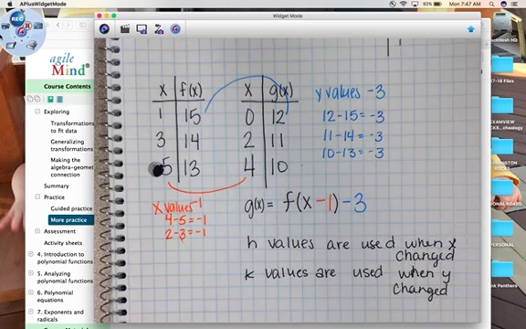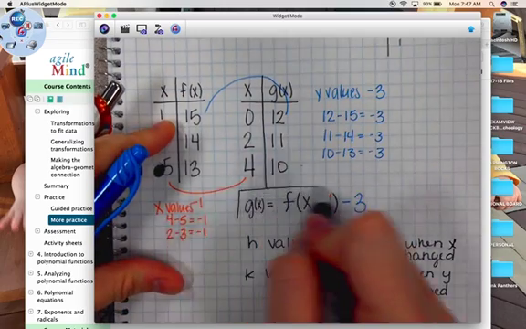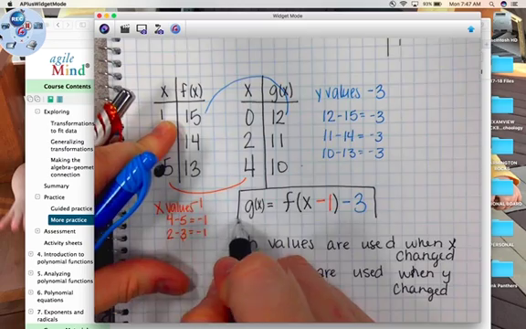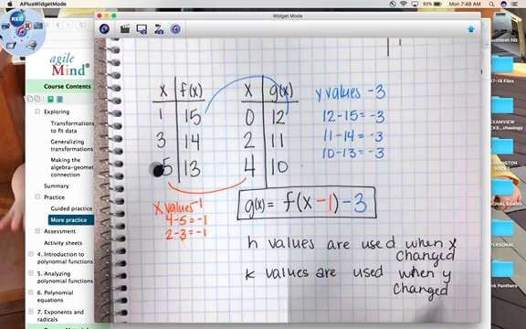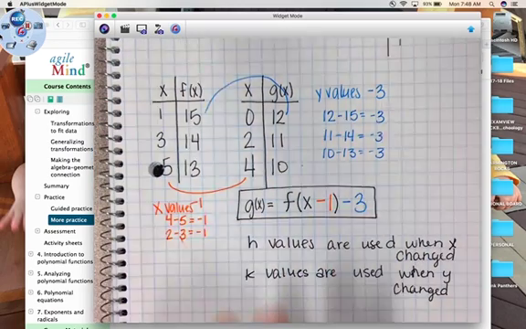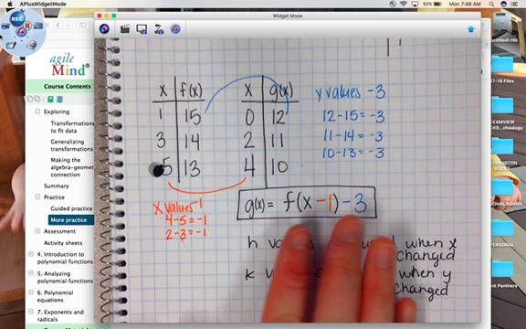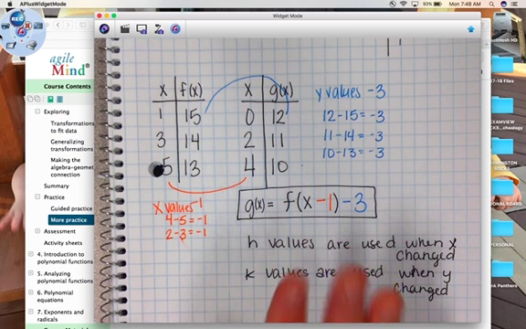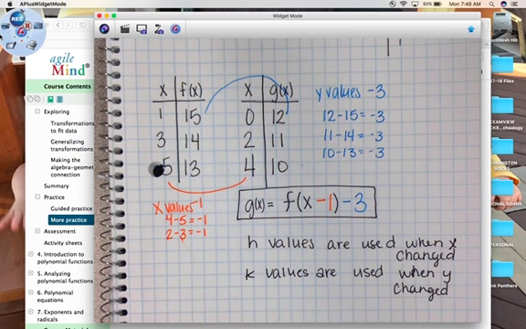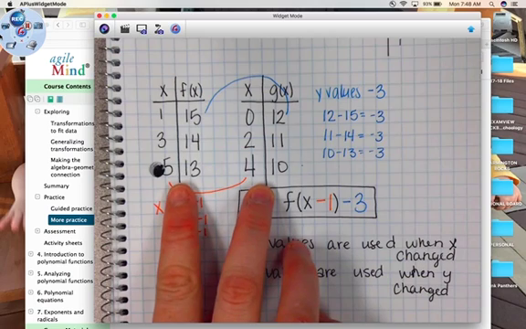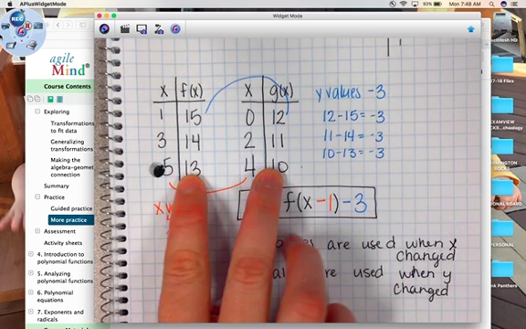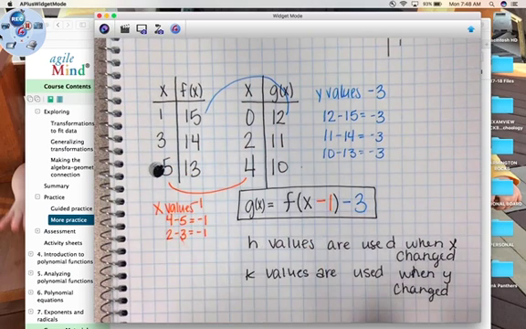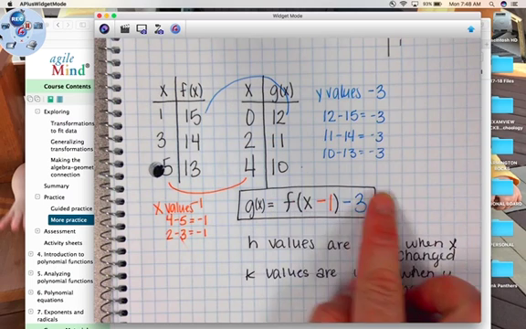So this is probably the hardest part about transformations. That's why we did all of the other stuff first. If you look at the table, shift it. Now, if you cannot, I very much suggest graphing these on paper first. So graph both of them and then talk about the transformation and then write it in function notation.